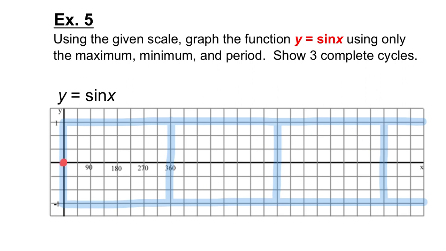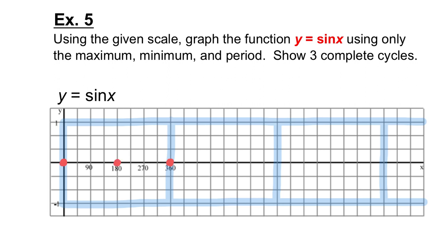Now I know that the sine function starts in the middle, and then it goes up, down, and back up again. So I know I'm starting here. After 1 complete cycle, I'm going to end up in the same spot. So I can plot another point. Halfway in between here, I'm going to be at the same spot again.